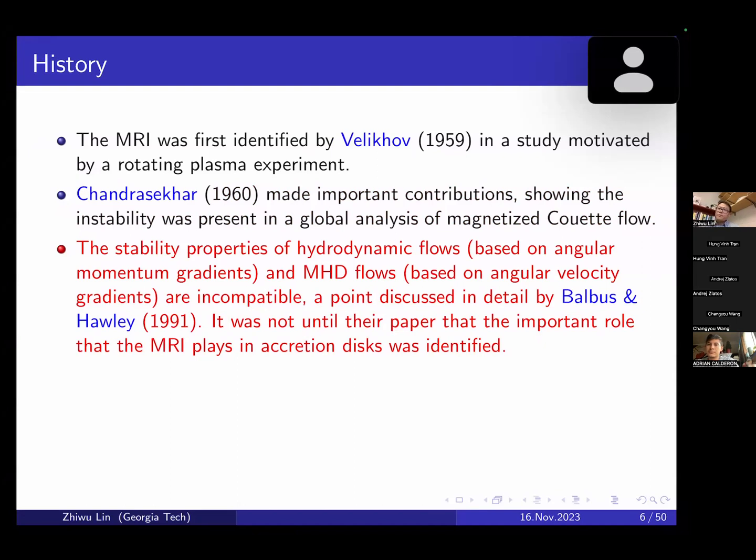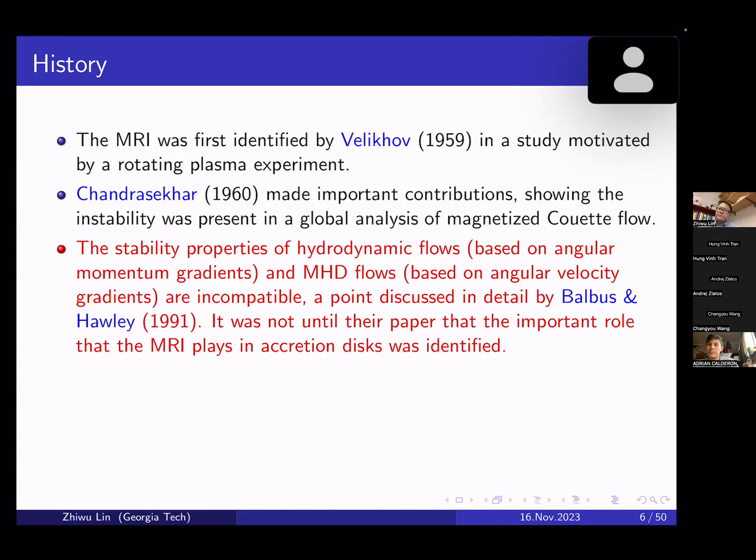This MRI didn't catch much attention until much later, in the early 1990s, when Balbus and Hawley wrote an important paper.